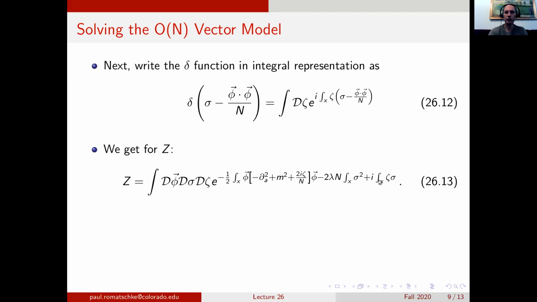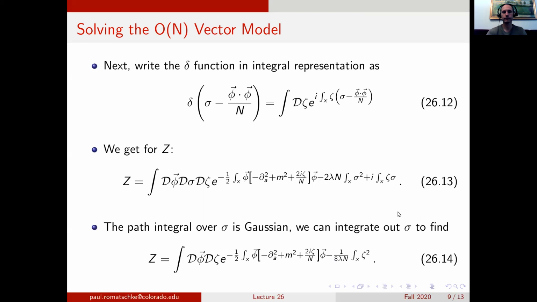And then we have an action here, which has the advantage that it is quadratic, both in the auxiliary field sigma, as well as in the original field phi vector. In particular, since the path integral over the auxiliary field sigma here is Gaussian, we can just integrate out the field sigma by usual Gaussian integration and get a path integral that only involves now the original field phi vector and the auxiliary field zeta.